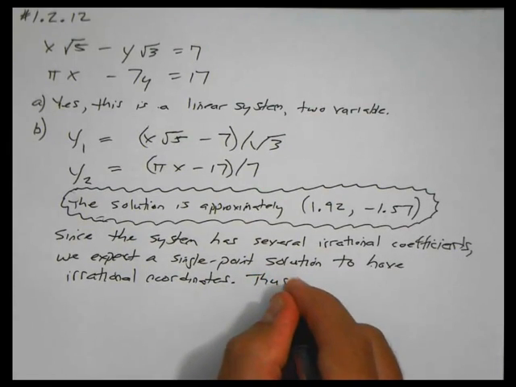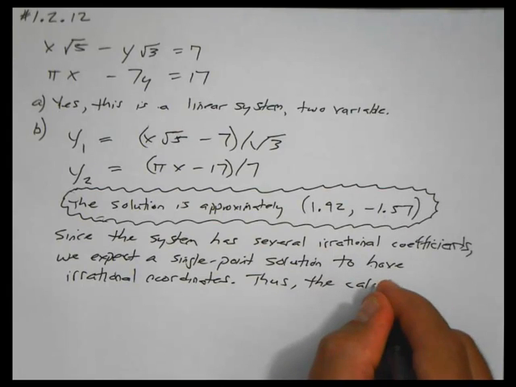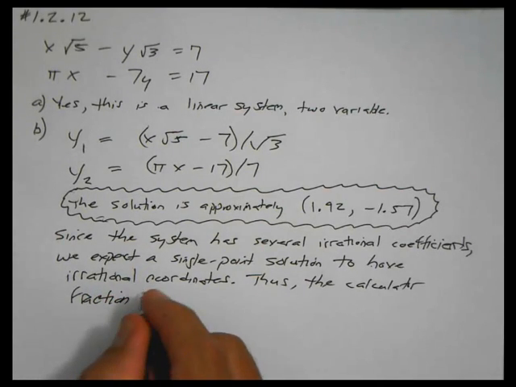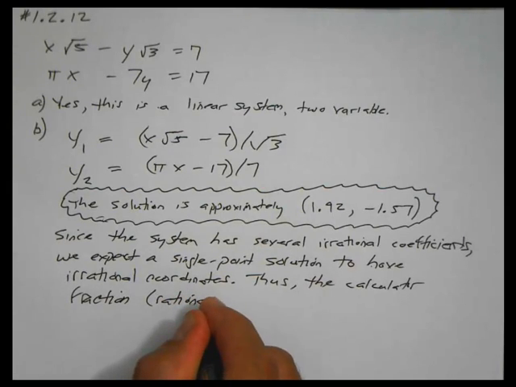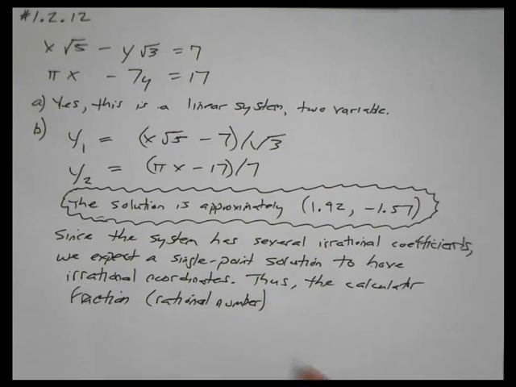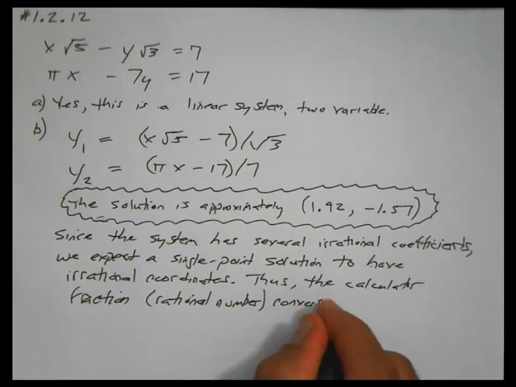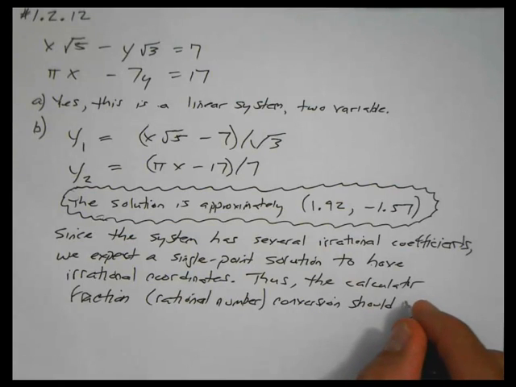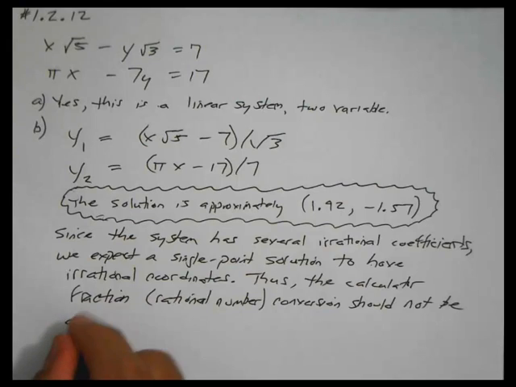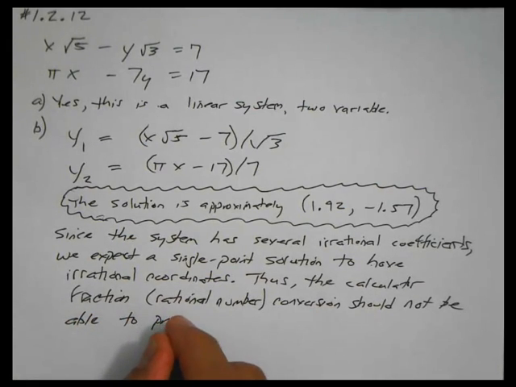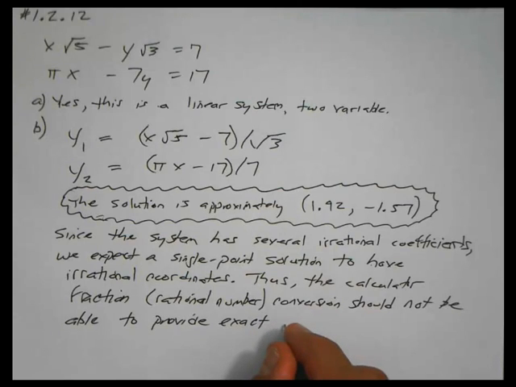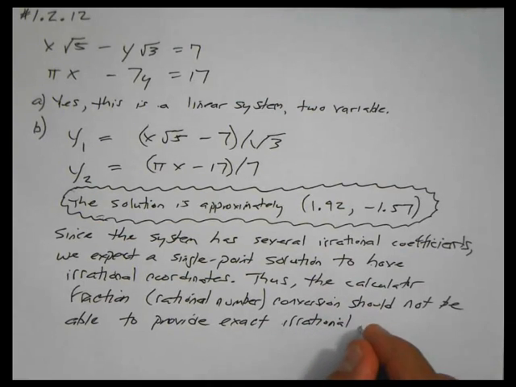Thus, the calculator fraction conversion, and by fraction, we mean rational number conversion, should not be able to provide exact numbers in this case. Exact irrational coordinates.